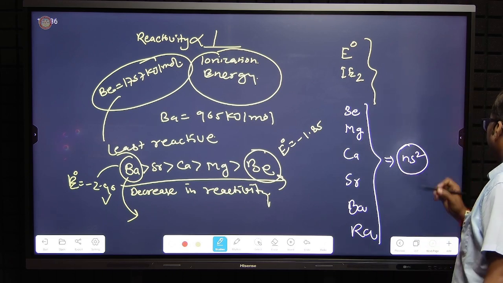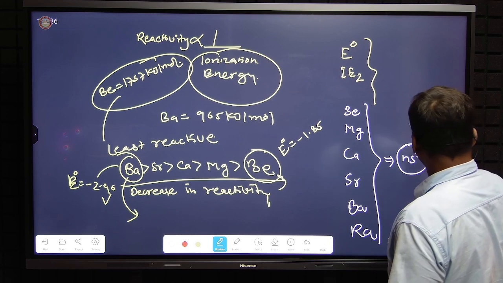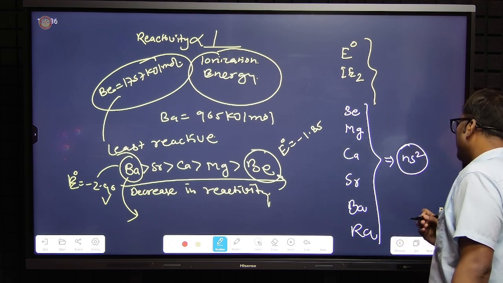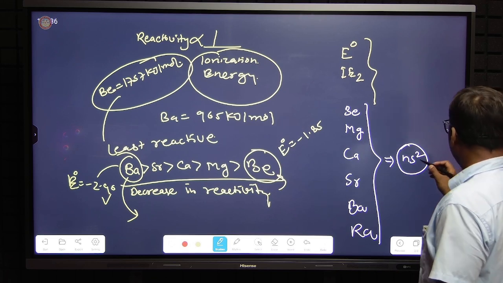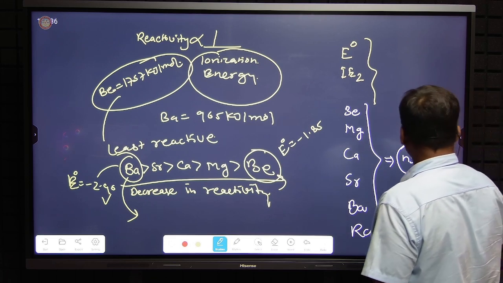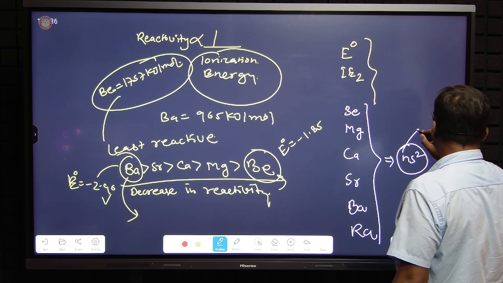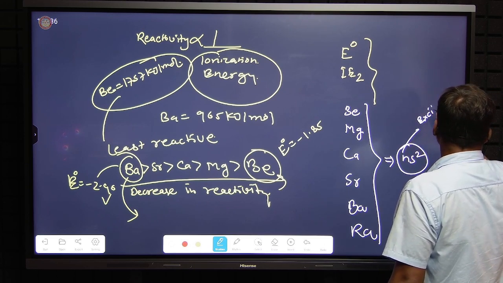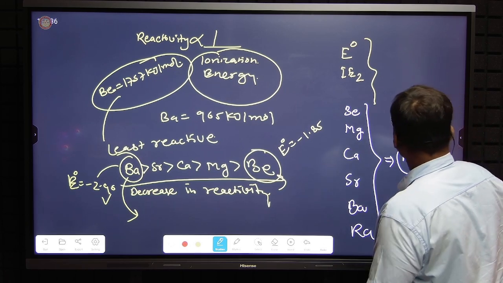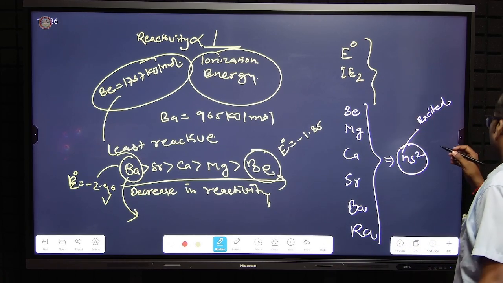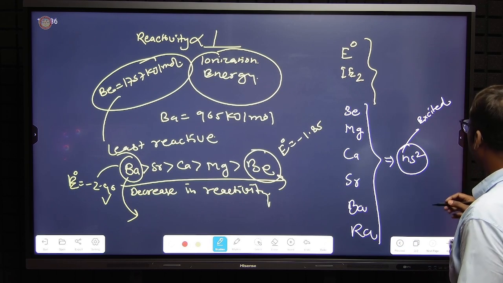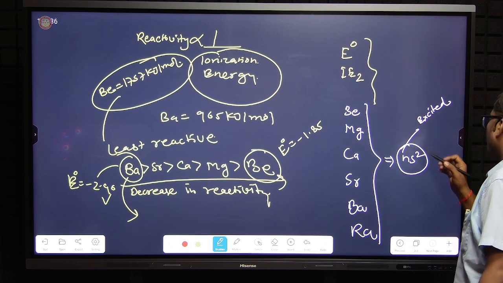Because of the presence of two electrons in the s orbital, this electron can be excited into the next orbitals of the same principal quantum number.